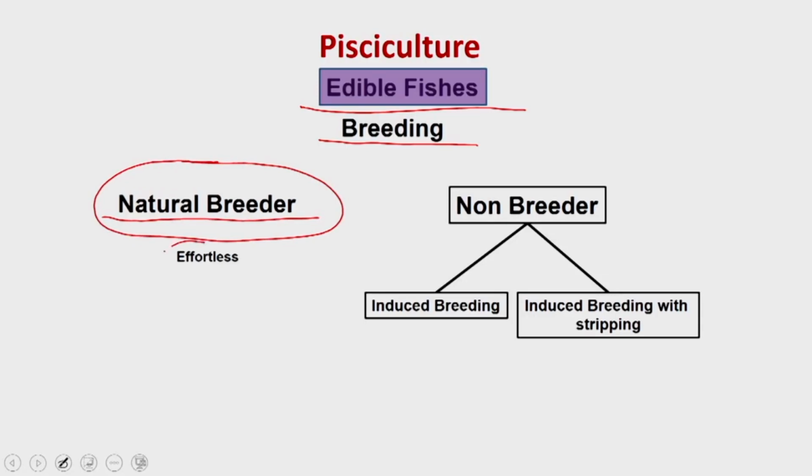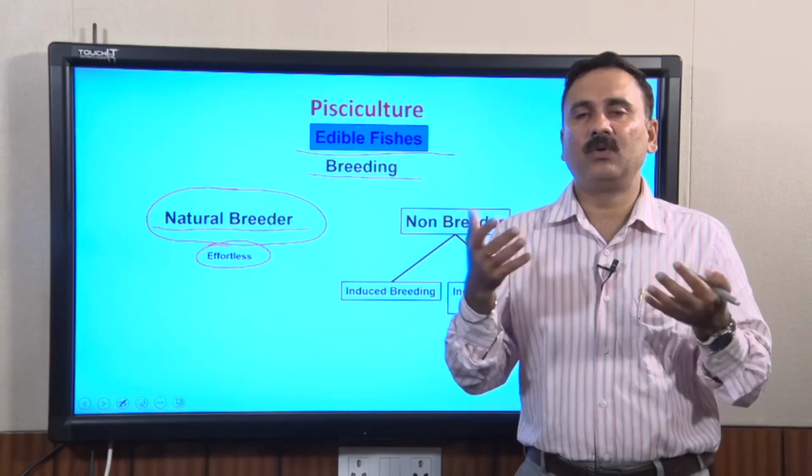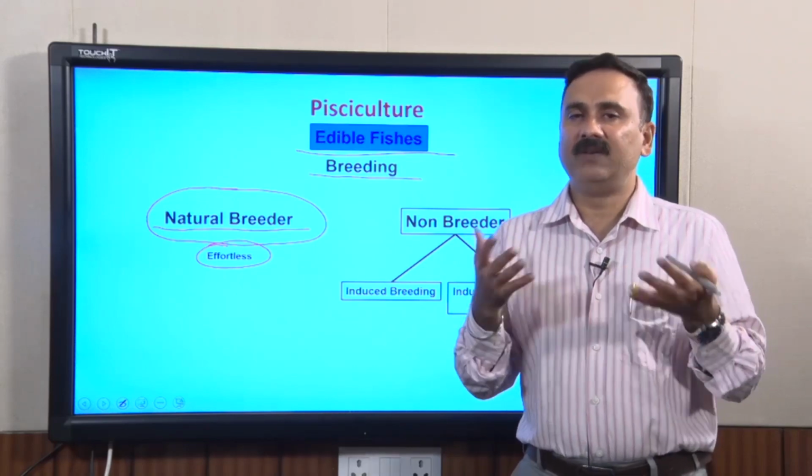The breeding of these fishes is effortless, because you just have to buy the eggs, or the seeds, from the companies, make a pond, and put these seeds into the pond. These seeds are going to grow and give you fishes.